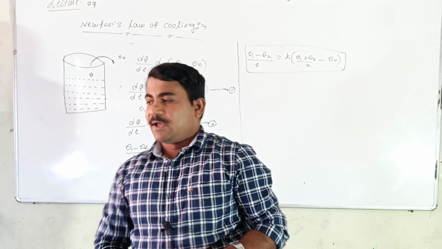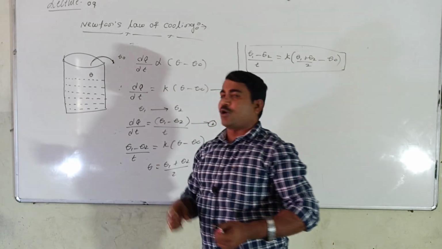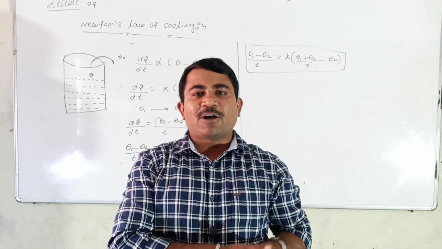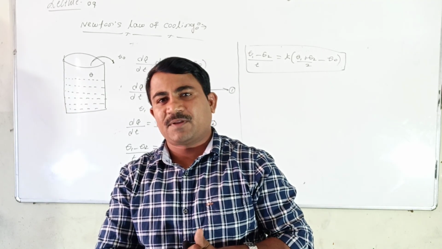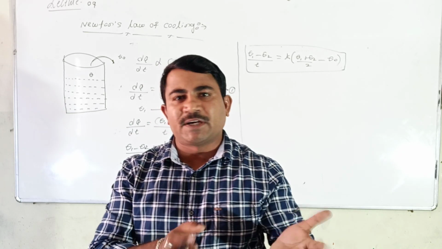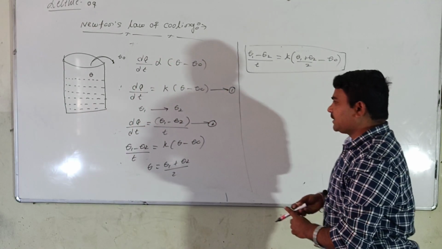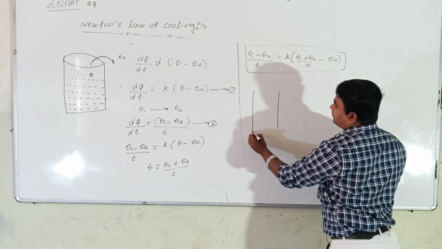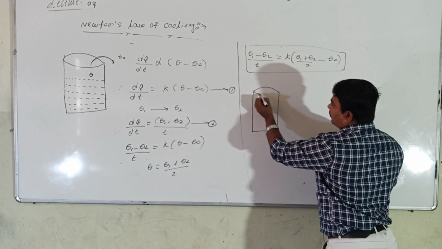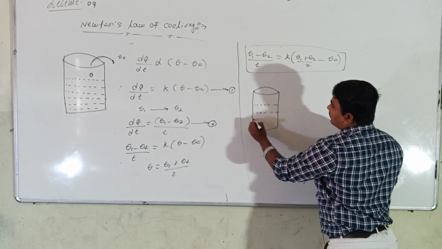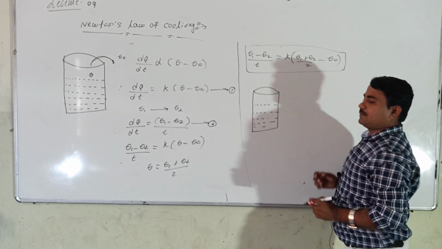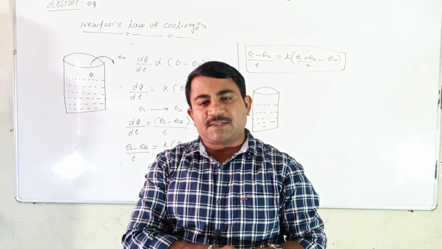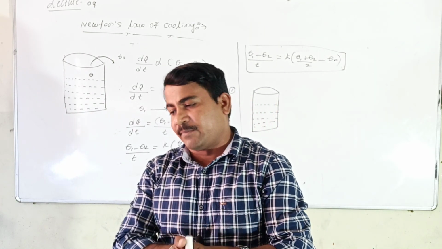How to take an example for this modification of Newton's law of cooling? I will take a hot liquid. The hot liquid changes its temperature from theta 1 to theta 2. The hot liquid cools from 85 degrees Celsius to 75 degrees Celsius in 10 minutes.